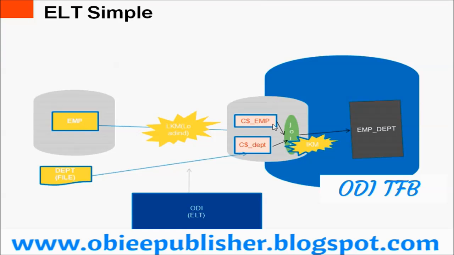It will first look at wherever the data has to be loaded, the target database, and in the target database it will identify one schema. Generally we give that, not ODI. It is a place where your data processing has to be done, a temporary area or some dummy schema, a dummy user. This box is your actual original database, and this is your actual target table where you want to load.